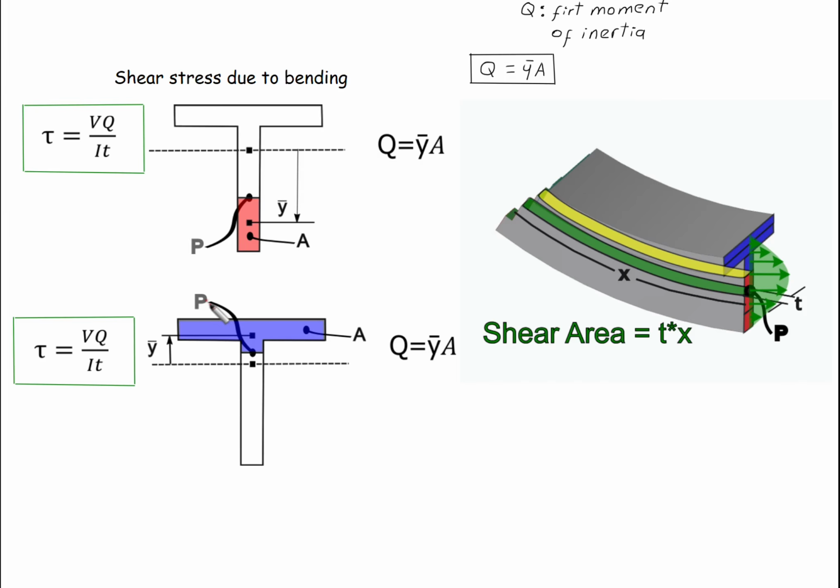If the point P is here, there is no area above, so the shear stress at that point is 0. But when calculated at the neutral axis, the yellow one, it is maximum, since the area, as I mentioned before, generates a maximum Q that could be estimated above or below.